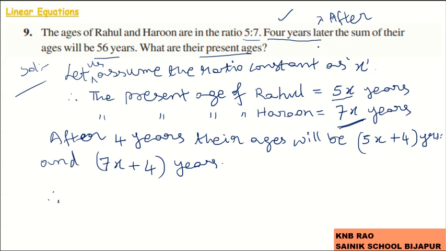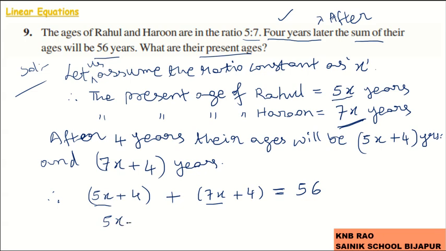But they gave us the sum of their ages after 4 years as 56 years. So we say now 5x plus 4 years added to 7x plus 4 years gives us 56, as per the sentence given. Now here, which are the like terms, we will add them. 5x and 7x are like terms, and plus 4 and plus 4 are like terms.